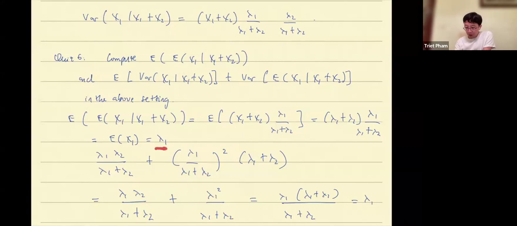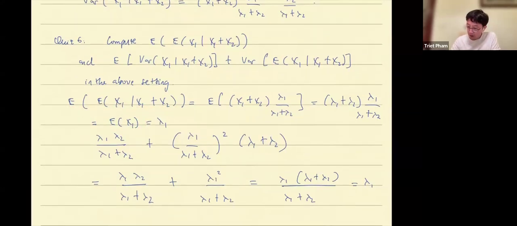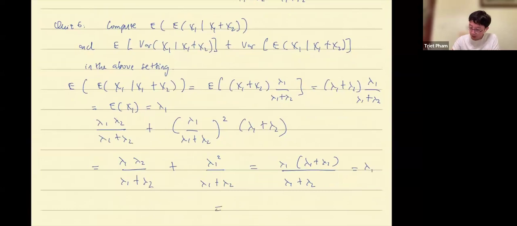Notice that lambda 1 in the upper calculation plays a role of expectation of x1. Here, this lambda 1 actually plays a role of the variance. The Poisson has that kind of property, that its expectation is equal to its variance. Okay, so there you go.